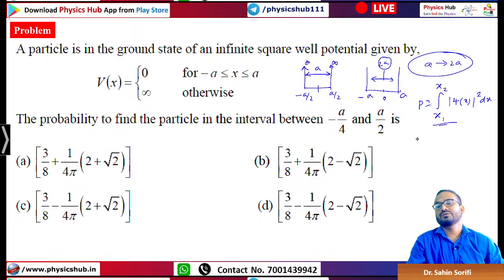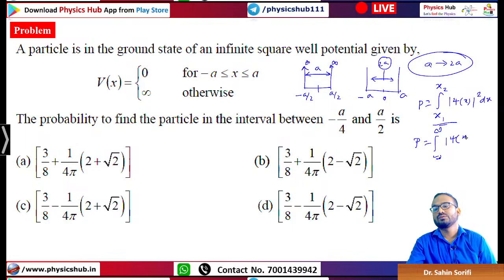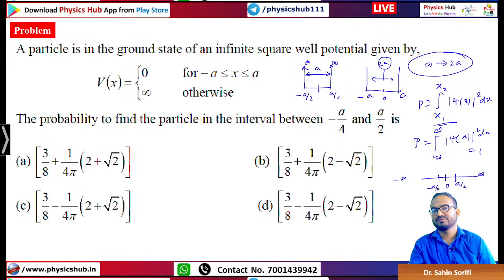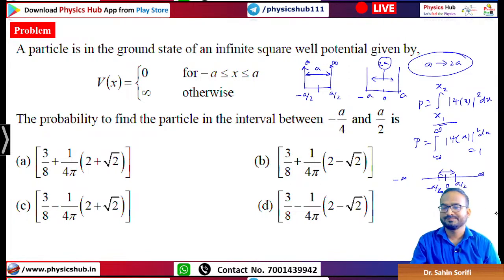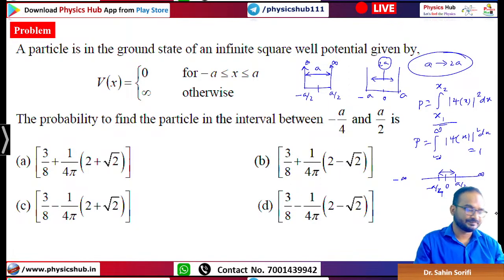And you know, when you calculate from minus infinity to plus infinity, the total probability we get is 1. This is the whole line. You just need to find out between a specific region. Maybe this is a by 2, let's say, and this is minus a by 4. So for this region, obviously the probability will be less than 1. Give it a try. Simple question.